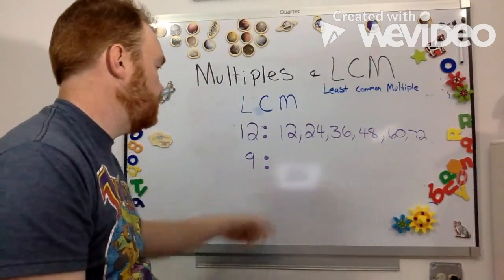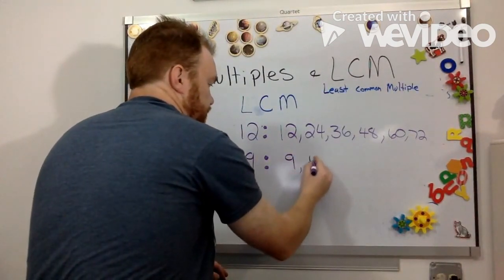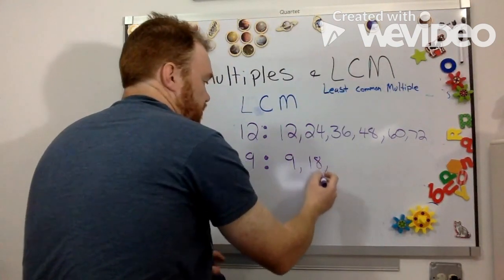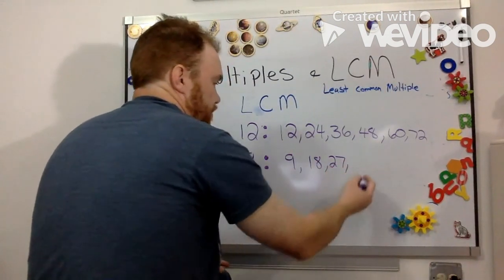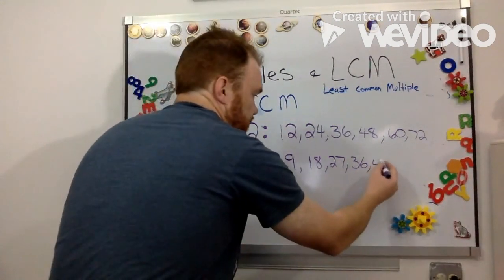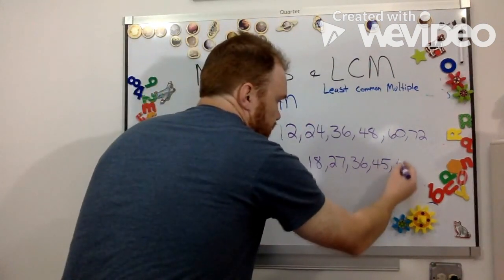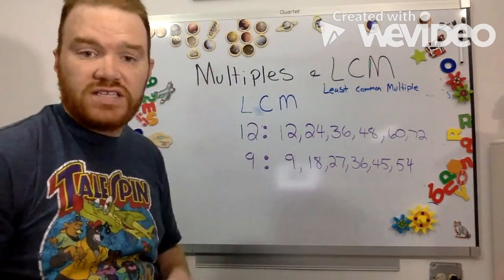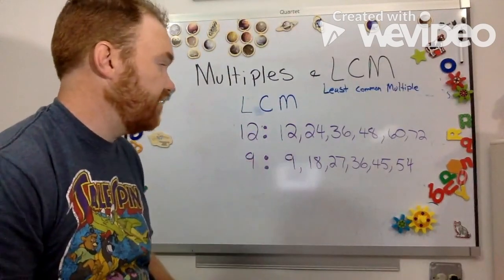Now multiples of 9: 9, 18, 27, 36, 45, 54. Now I look at those lists and ask myself, is there a number in here that they have in common?